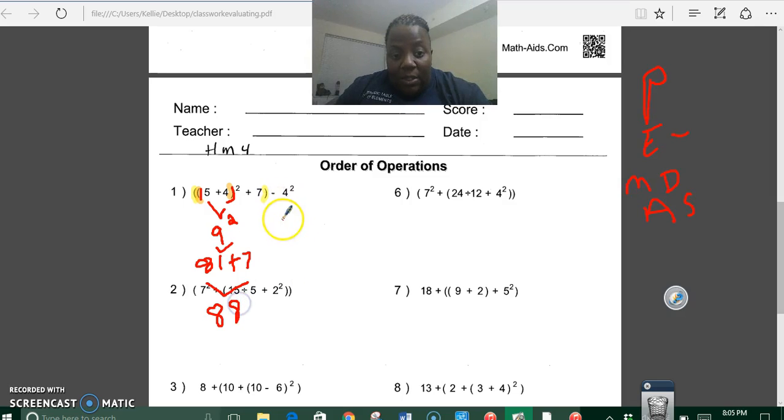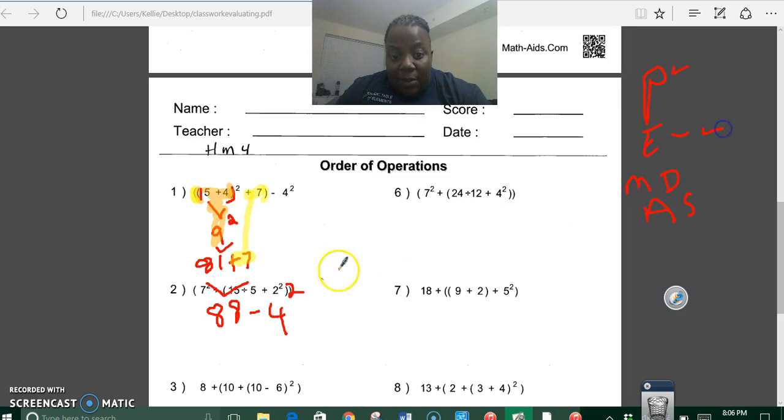88. Now I'm going to bring down what I have left. If you look at what we just did here, we just did the first set of parentheses, which was all this, and the outer set of parentheses, which was the plus 7. So that's how we got to 88. Now all we have left to do here is bring this down. So I have minus 4 squared. No more parentheses.